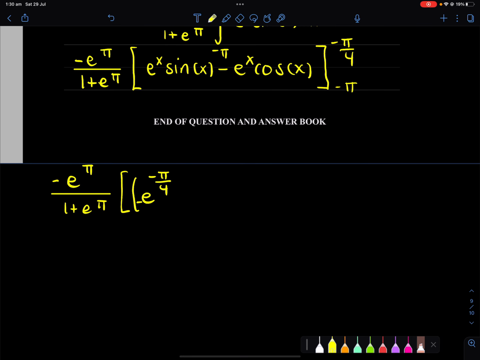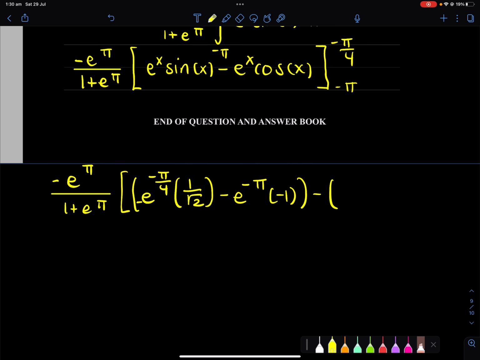And what's sine pi over 4, which is 1 over root 2. Minus e^(negative pi), cos of negative pi, which is just cos pi. Cos of pi is still negative 1.